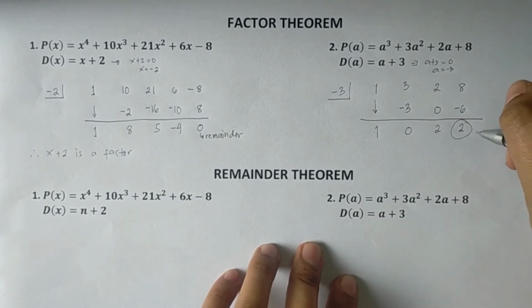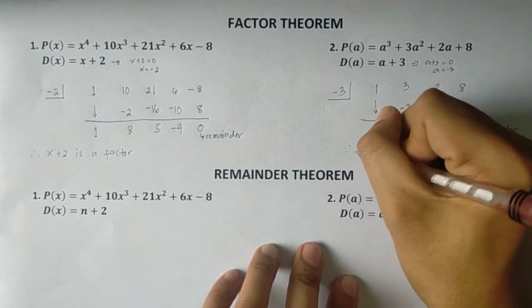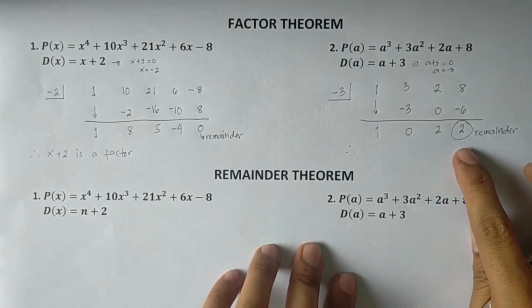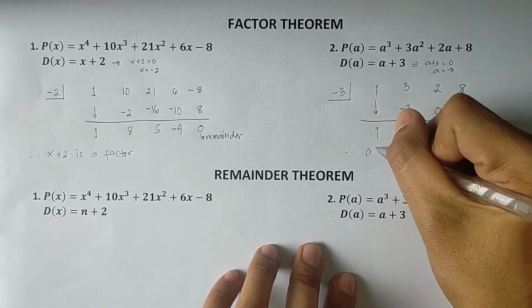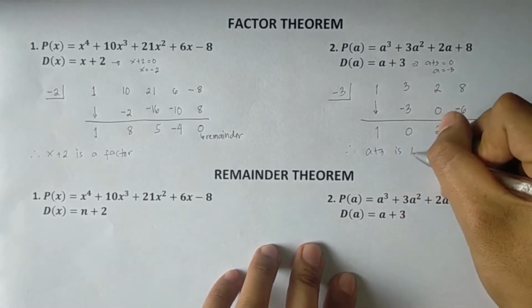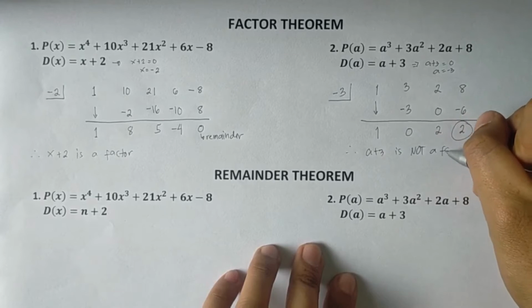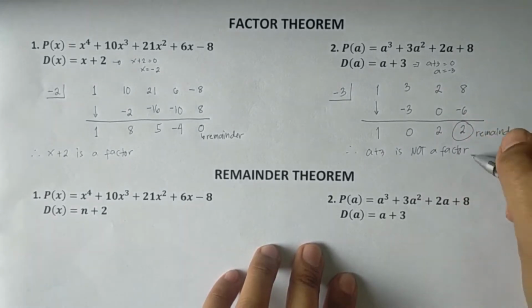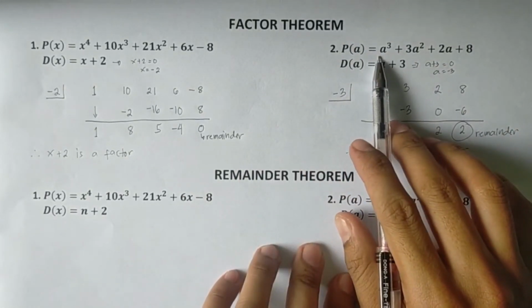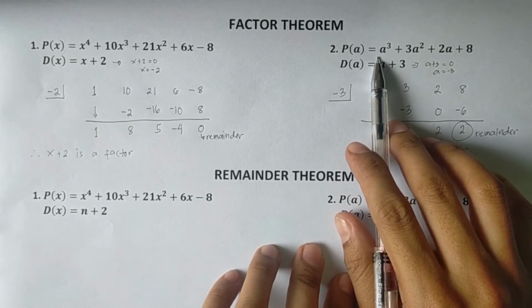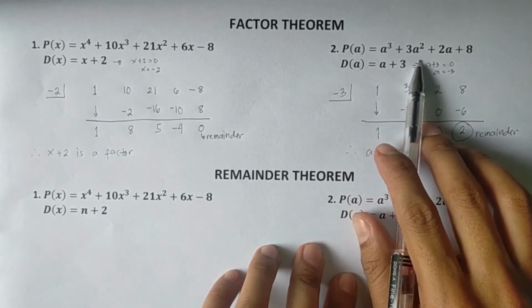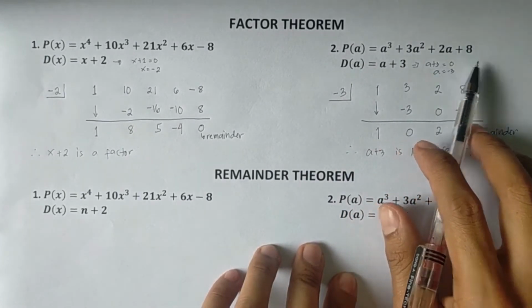Here, 2 is the remainder. Since the remainder is not 0, a plus 3 is not a factor of this polynomial a cubed plus 3a squared plus 2a plus 8.